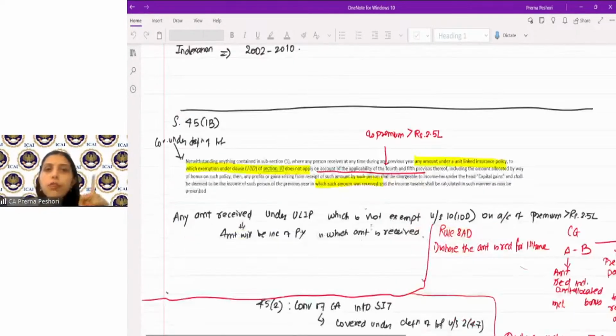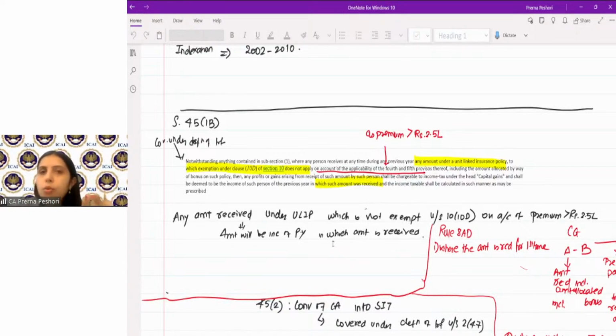So if you remember 45(1)(b), what did it provide? That where any person receives any amount under the ULIP to which exemption under 10(10D) does not apply, which is if the premium is greater than rupees 2.5 lakh, then the amount allocated by way of bonus and the amount received will be chargeable to tax under the head capital gain and shall be deemed to be the income of the previous year in which the amount is received, right?